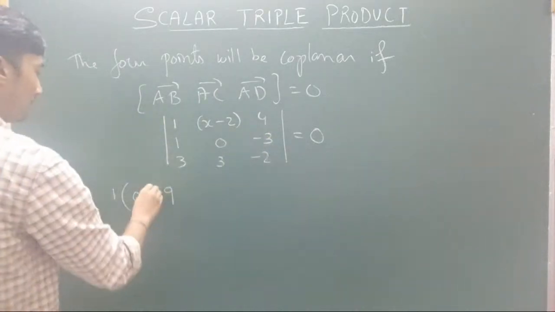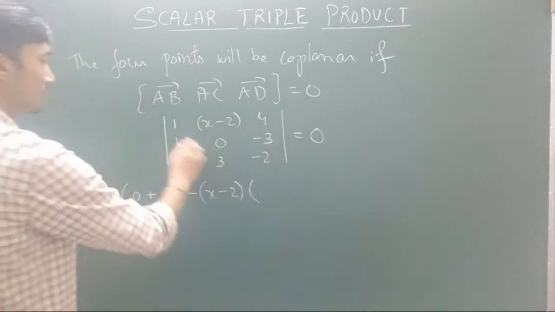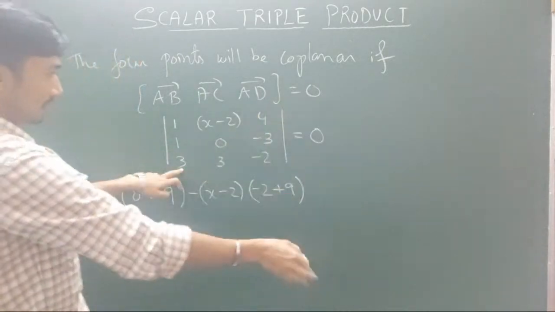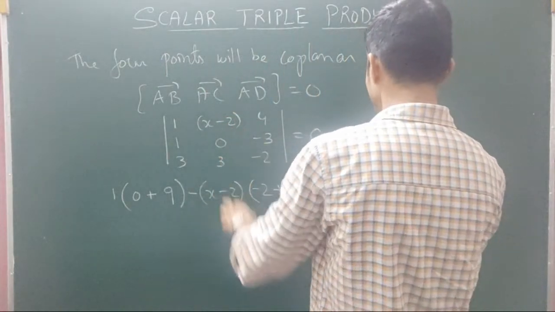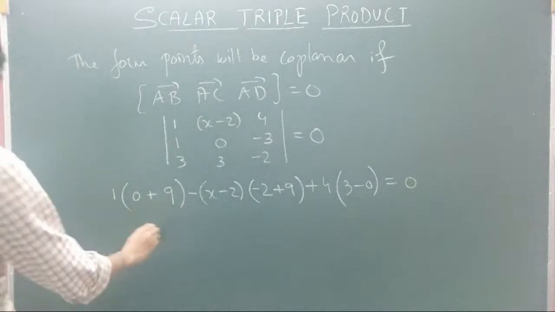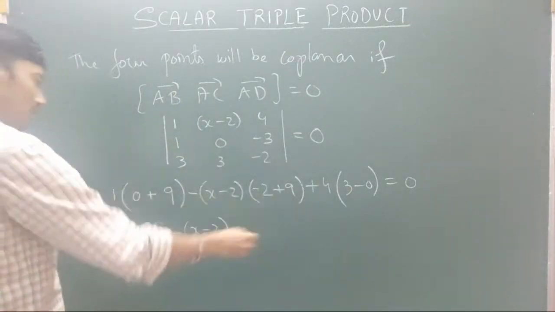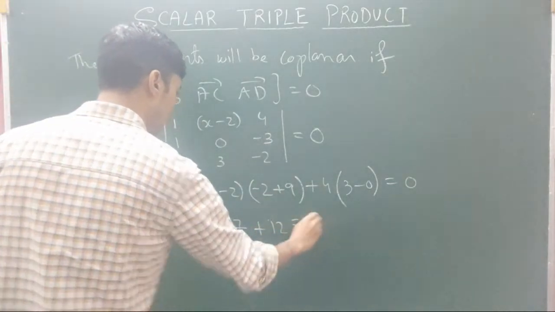3 3s are 9, minus x minus 2 into minus 2 minus 3, 3 3s are minus 9, plus 4. 3 1s are 3 minus 0. So 1 into 9, 9 minus x minus 2, 7 plus 4 3s are 12.